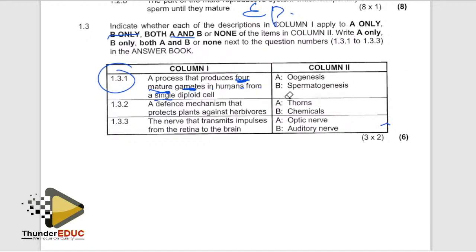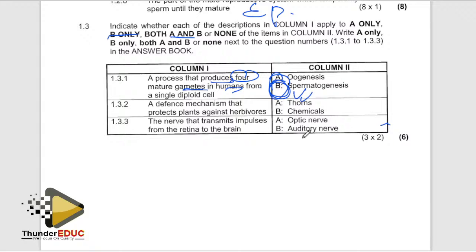That's where most people got lost because they thought production produces gametes, so obviously it's both A and B. Unfortunately, no, because they said 4 mature. Therefore, it becomes B only because the mature ovum is 1.